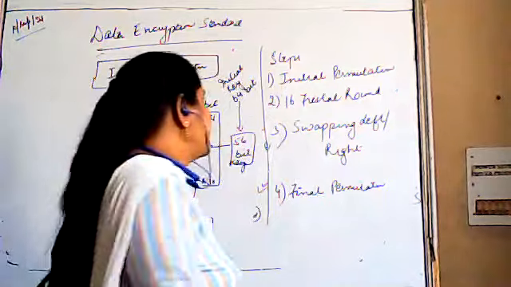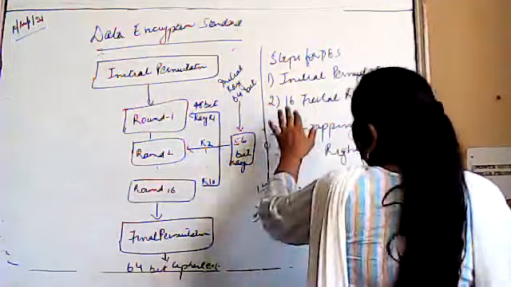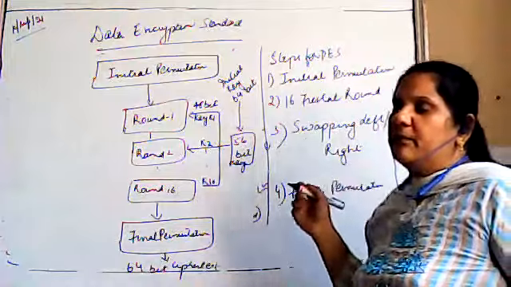So the steps for DES, first of all, is initial permutation, in which the bits are being arranged.